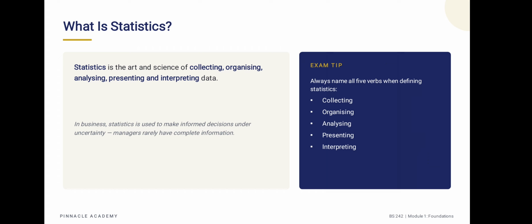And then you present it, maybe with a simple table or a chart so you can see it clearly. And then you interpret it. You use what you found to make a decision about what to stock. That entire process from start to finish is statistics in action. It's not abstract. It's something you use in real business decisions for the rest of your career. I will need you to hold on to all the 5 verbs that have been used to describe what statistics actually does, because those are important.